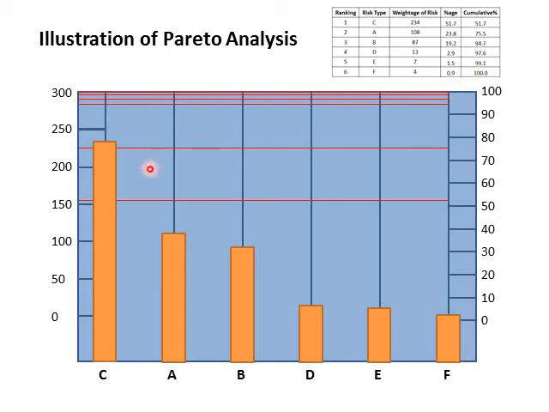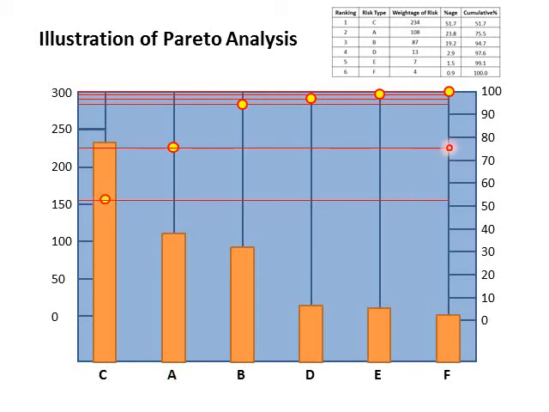So you have to draw these lines, and then the next step is you have to mark some points. For example here, when this 51.7 horizontal line crosses the C risk type vertical line, you have to mark a point on it.